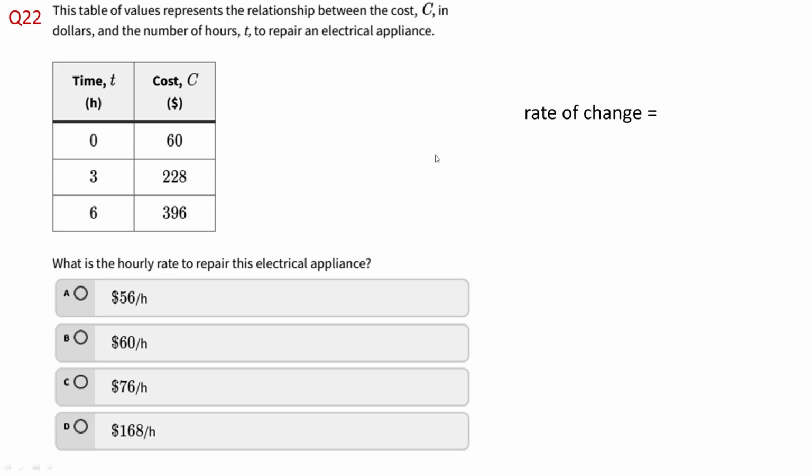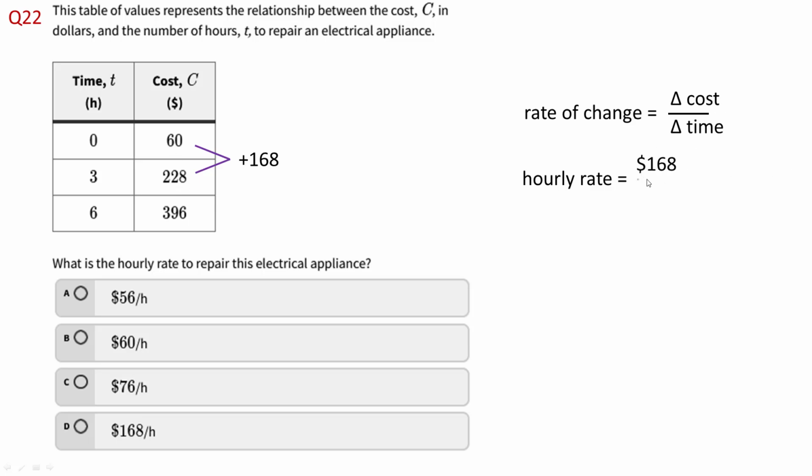So in order to get the rate of change, it's the change in the cost over the change in the time. So if we look at our table here, rate of change, hourly rate, that's the same thing. This is what the rate of change would be called in this context for this problem. So we would find the difference between the costs. From 60 to 228, if you subtract them, you get 168.